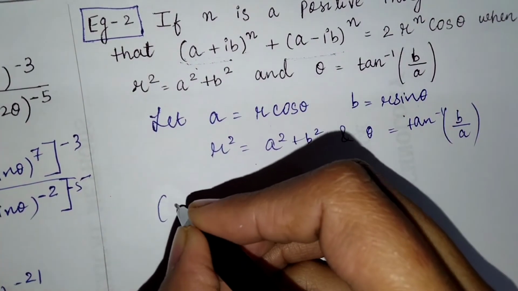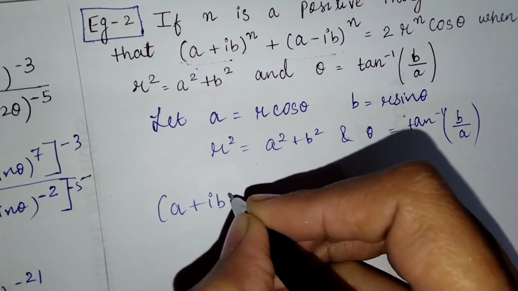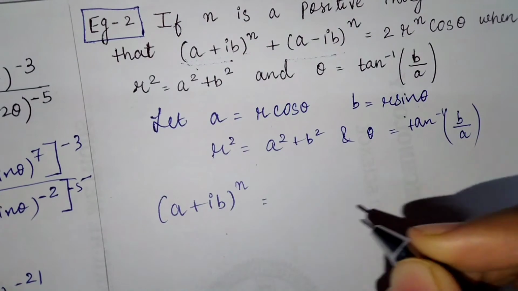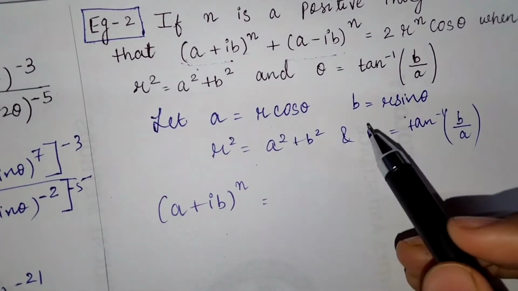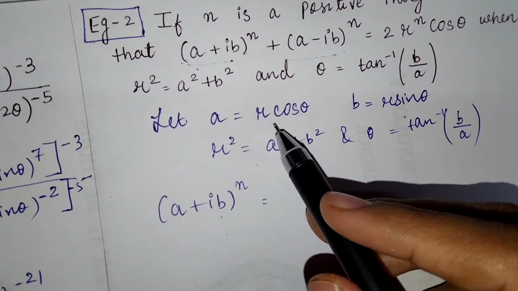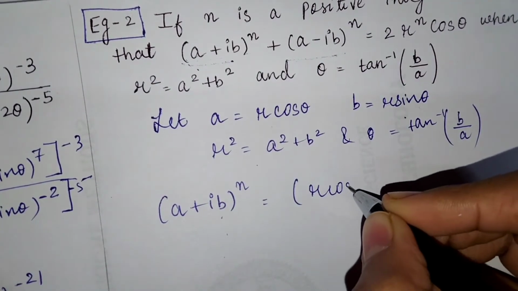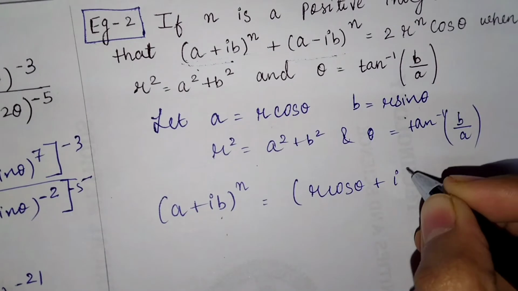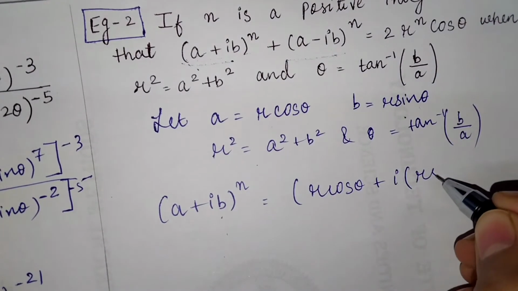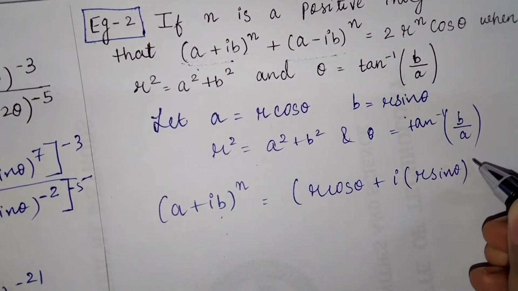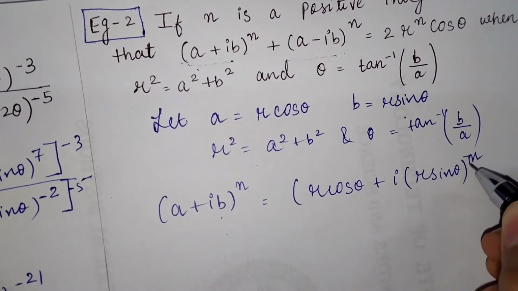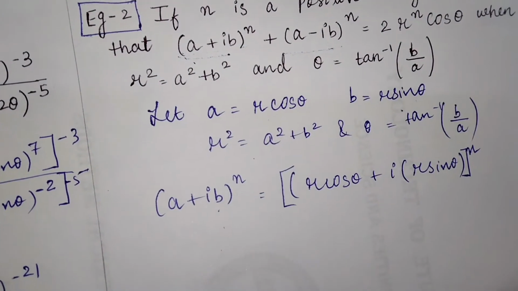So if we take the first equation, then we can write (a plus ib) raised to n. Now we will substitute these values here. What is our a? A is r cos theta plus i. What is our b? r sin theta. And whole raised to n.